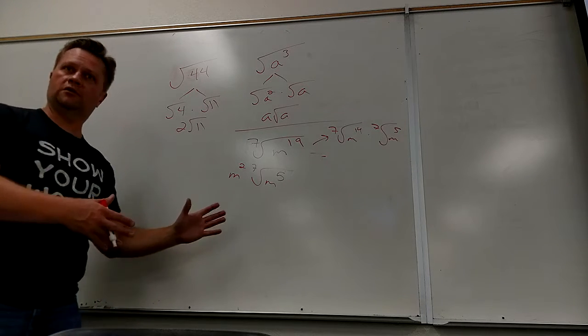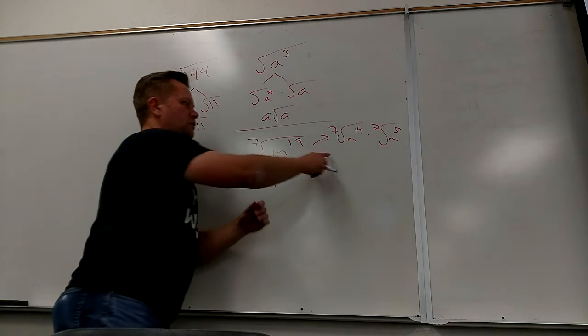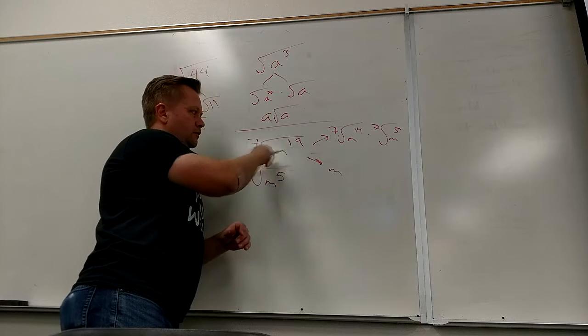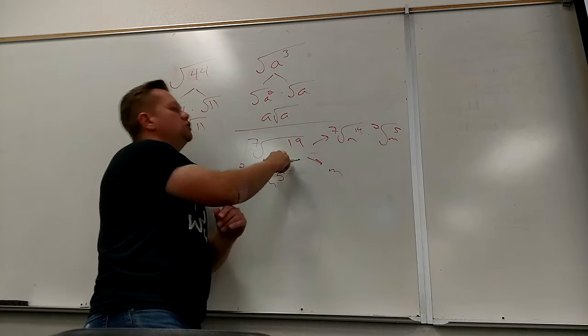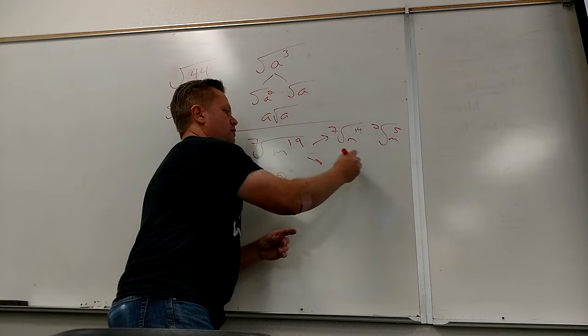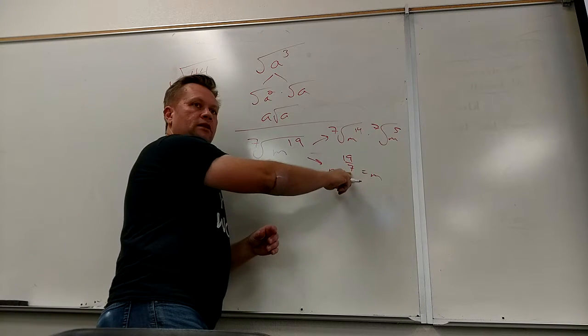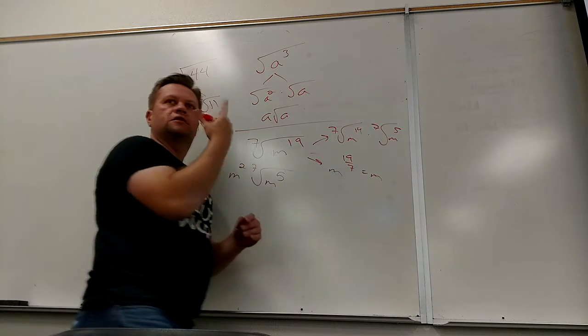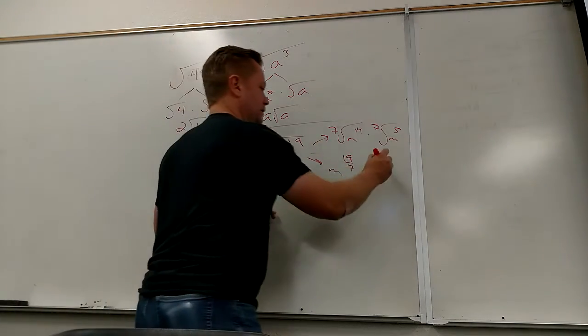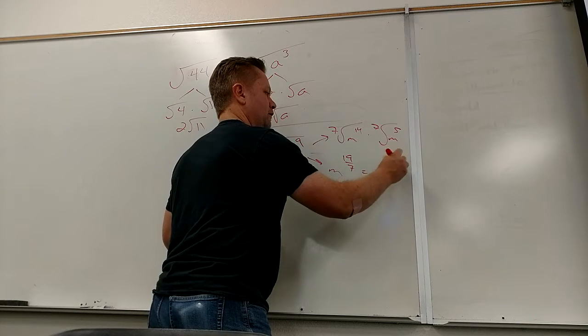But I just want to make sure you really see why this is true. Another way to look at this is, what is this? M to the what? Change this into a fractional power. M to the 19 over 7. Make that a mixed number, and listen to yourself. 7 goes into 19 twice with 5 left over.